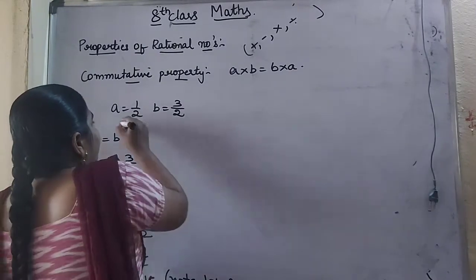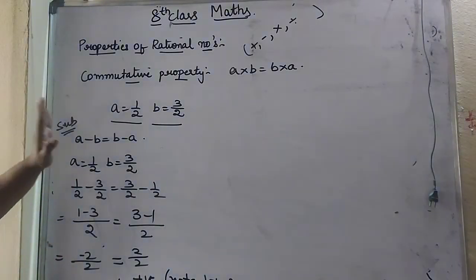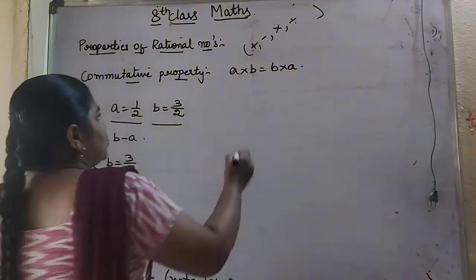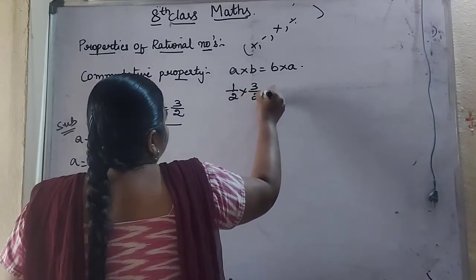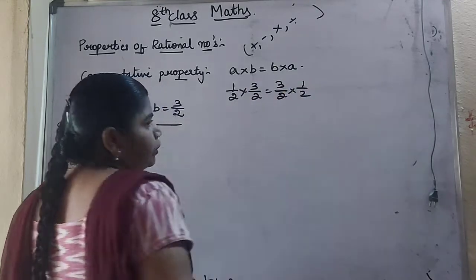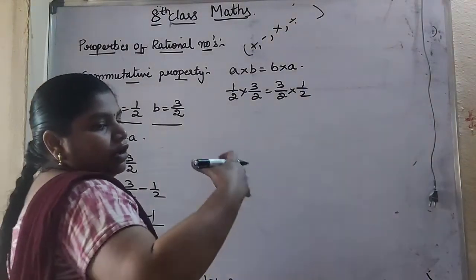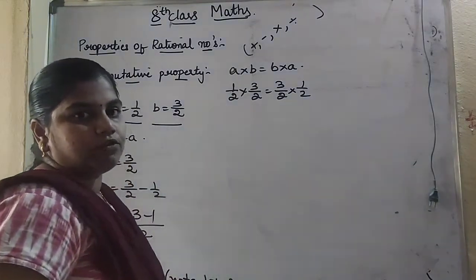So if I take the A value as 1 by 2 and the B value as 3 by 2, will the LHS part and RHS part give the same answer or not, you will see. So here A value is 1 by 2, B value is 3 by 2. In this case also 3 by 2 into 1 by 2. So how to multiply two rational numbers? Numerator to numerator we have to multiply, denominator to denominator we have to multiply.